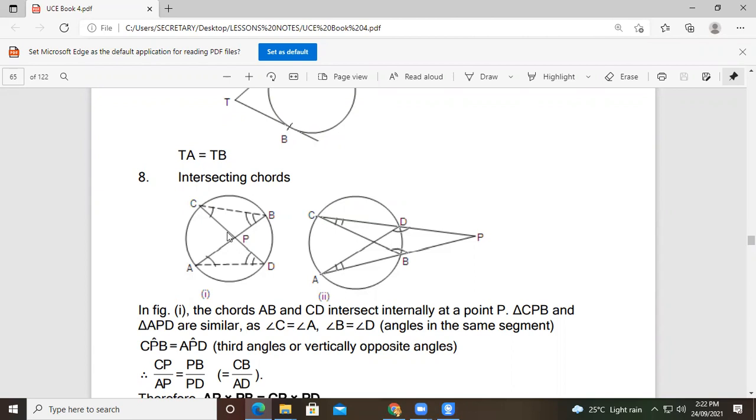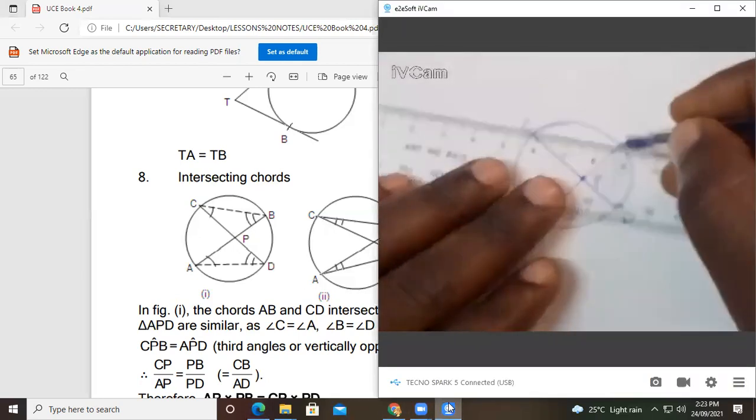They are meaning that the angle which is here is equal to this angle, and also the angle which is here is equal to this angle. So triangles are similar if they have the same and equal angles. That's what they mean. So let me draw here and finish that diagram there.